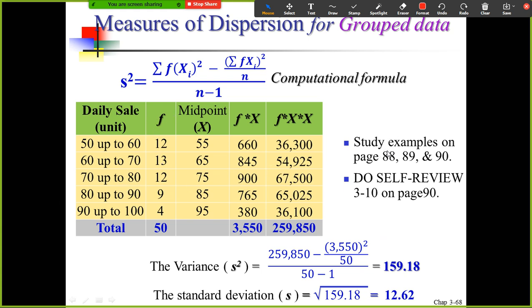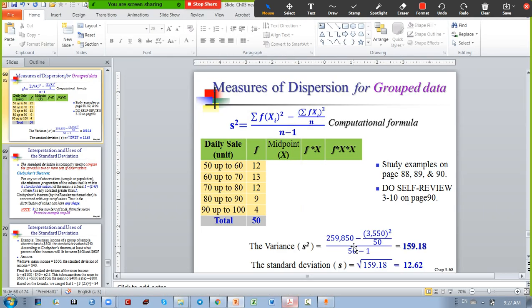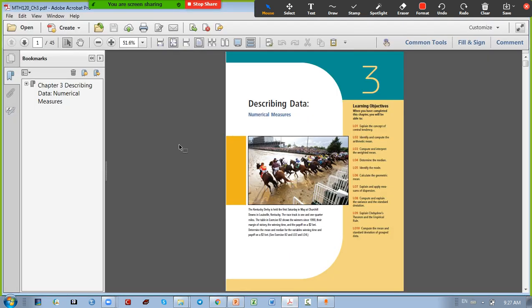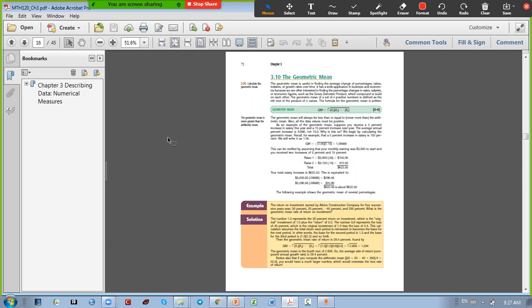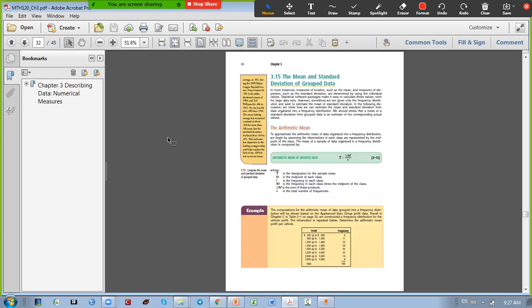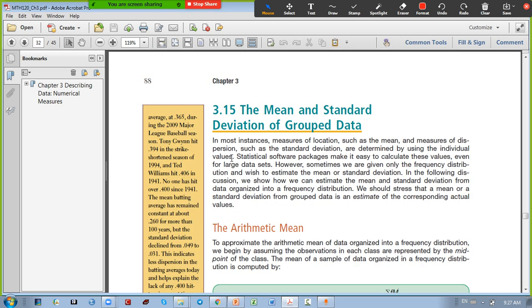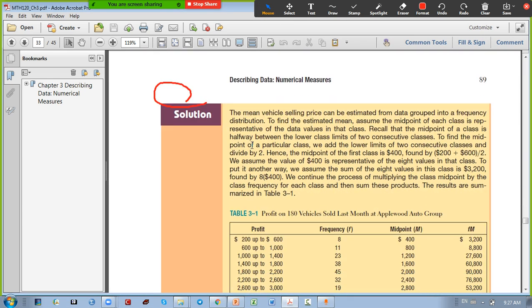Okay, so go to the textbook. You can see page 88. Yes, this one. Page 88, you can see this is the example that you need to study, because the example provides you the solution.